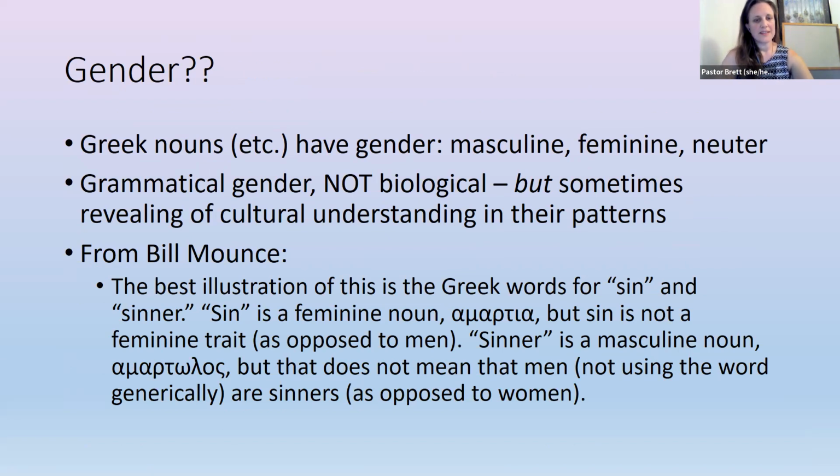But this is grammatical gender, not biological, which matters, especially when scripture is still used as something with authority about people's lives and about gender, and when we're taking an ancient scripture, an ancient language with different understandings of gender, and applying it to our current context.